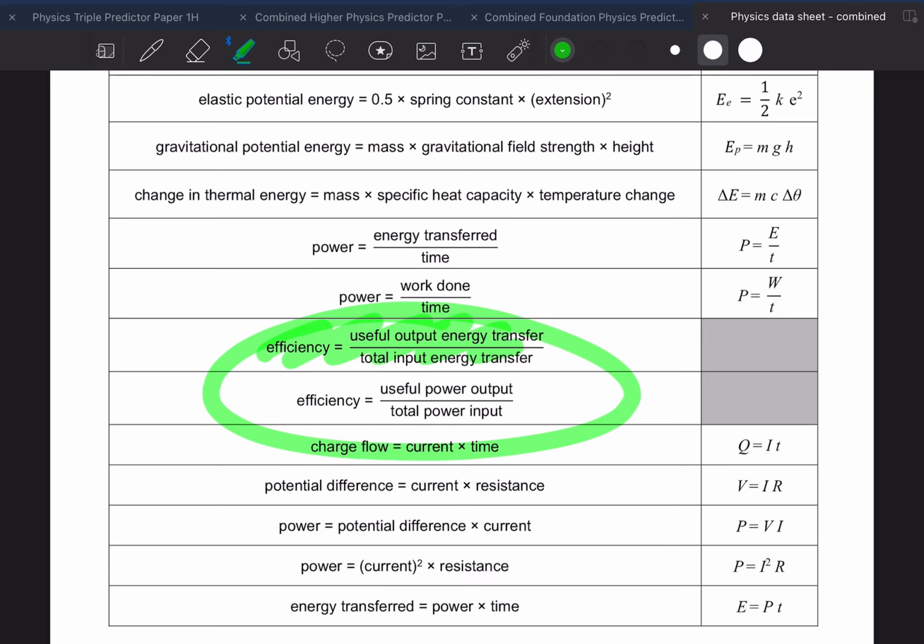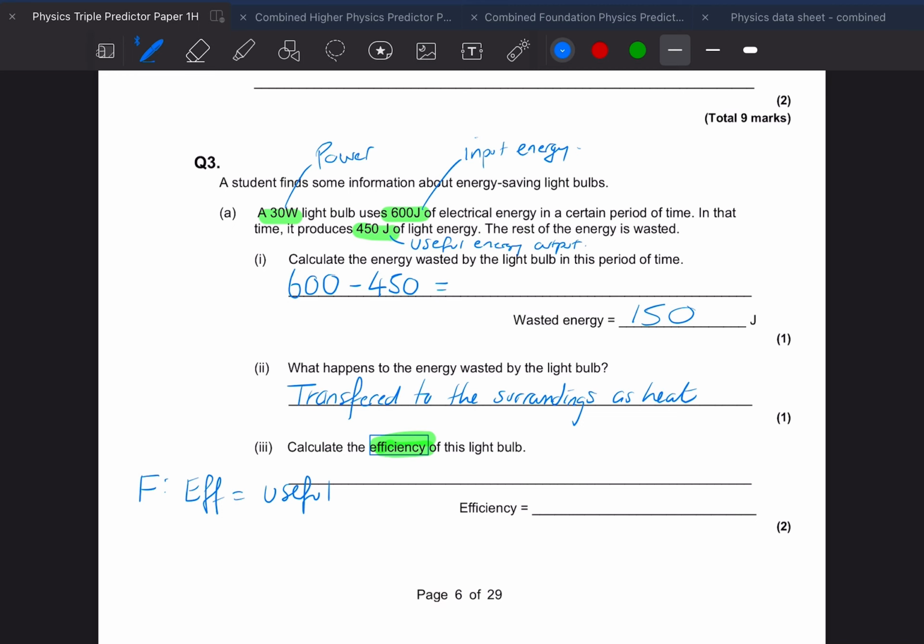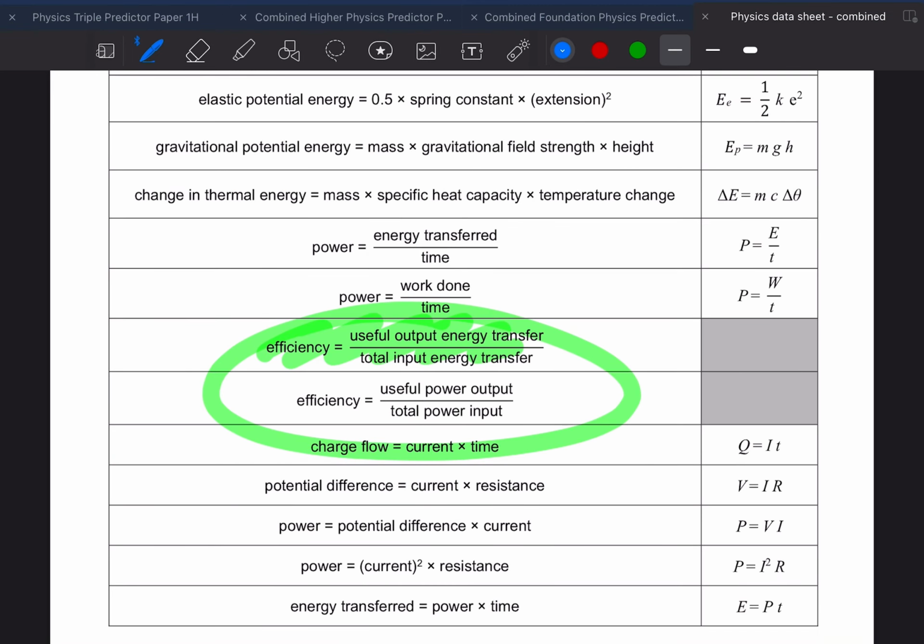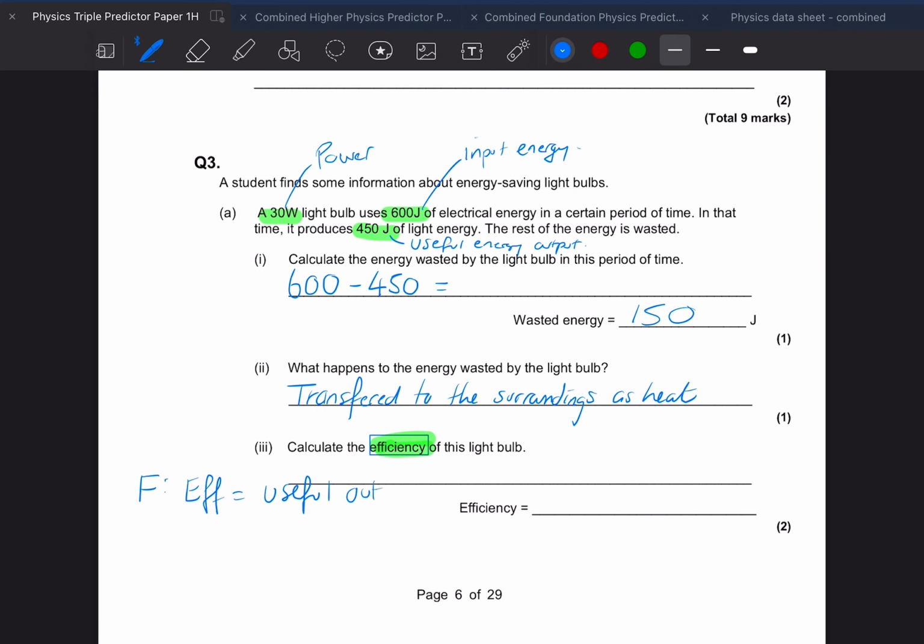Efficiency equals useful output divided by total input. If we input our data, we get efficiency is equal to the useful output, which is 450, divided by our total input, which is 600.